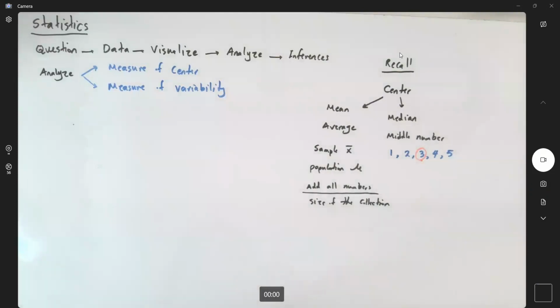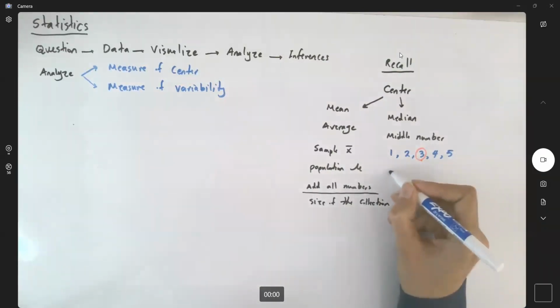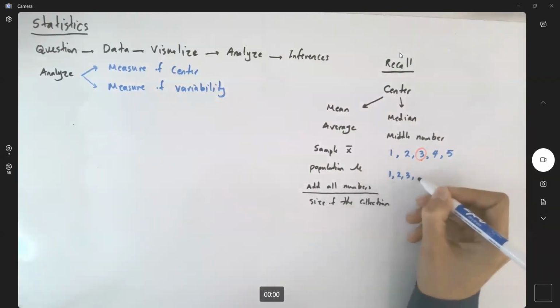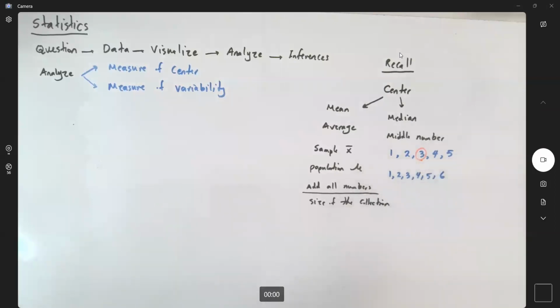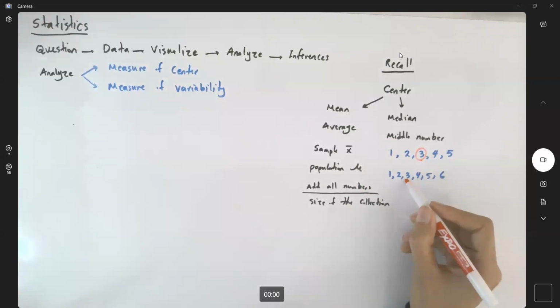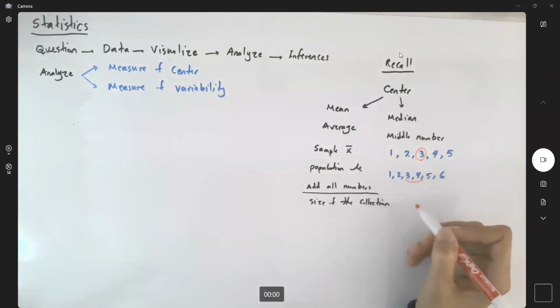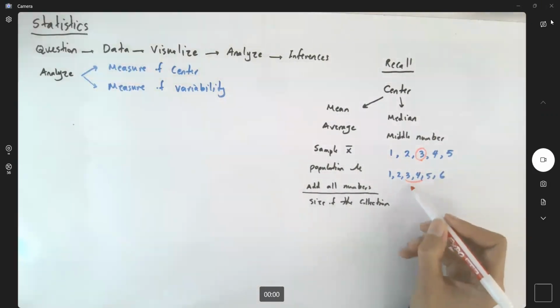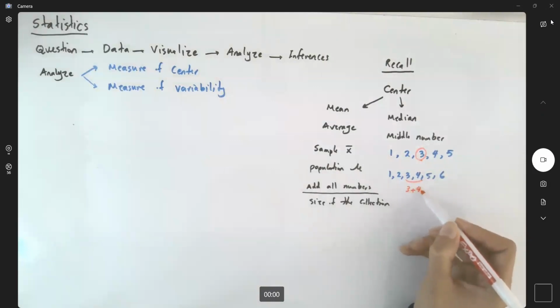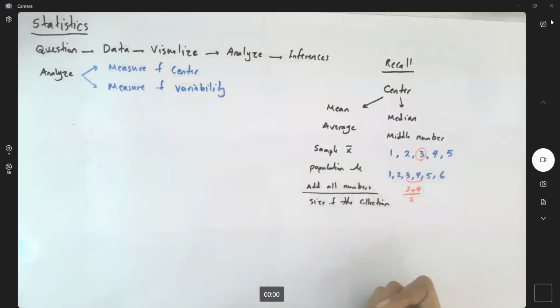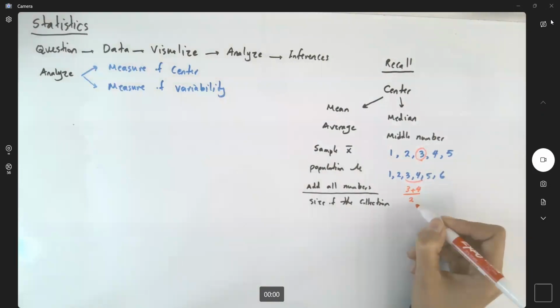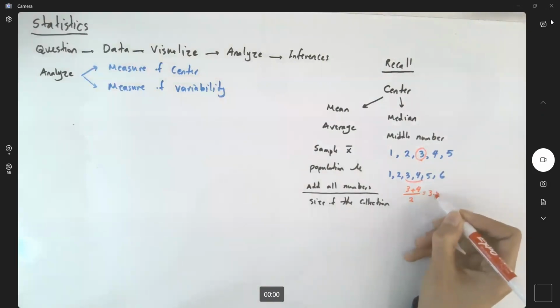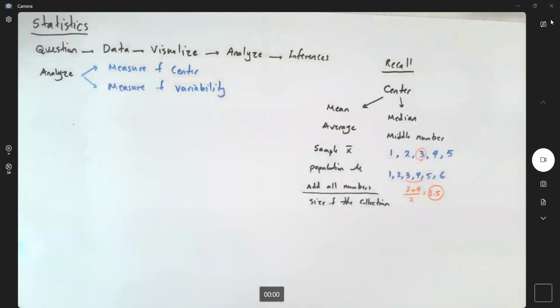If you have numbers written in order, like 1, 2, 3, 4, 5, and 6, well, the median is going to be the average of the middle numbers. You're going to take 3, add it to 4, and then divide it by 2 to find your median, which is 3.5. This is the median.